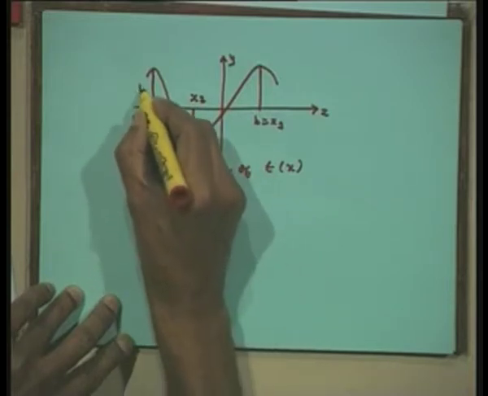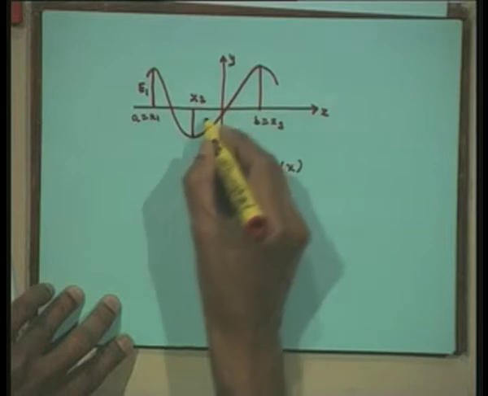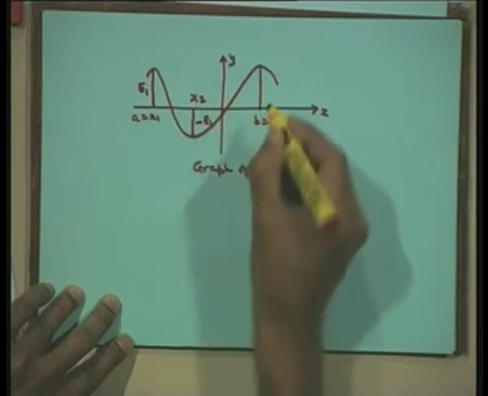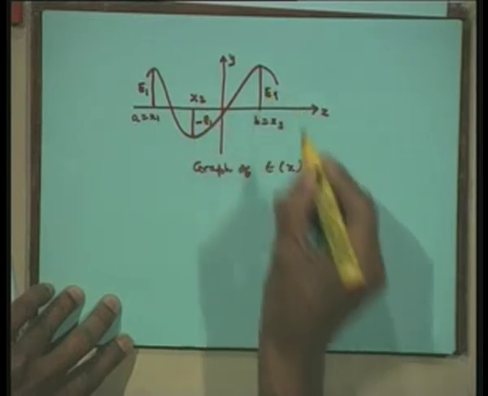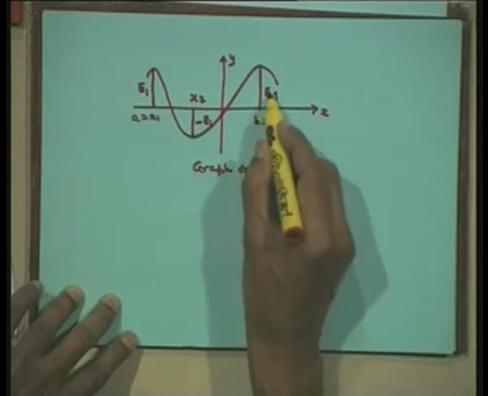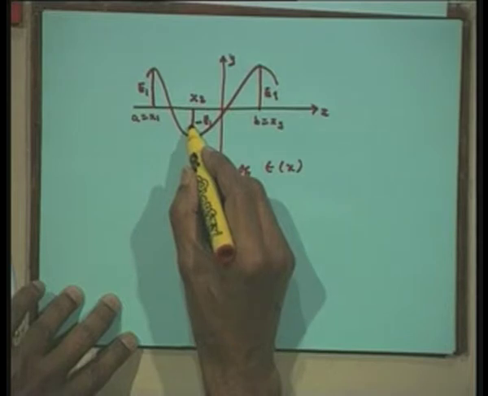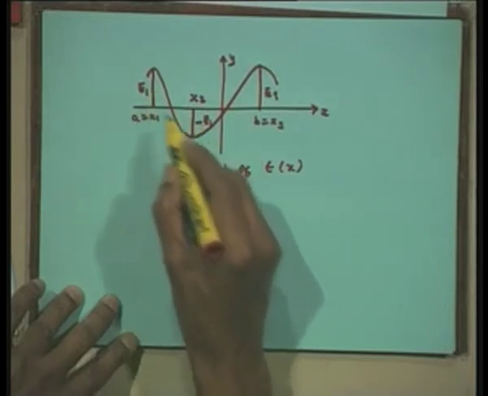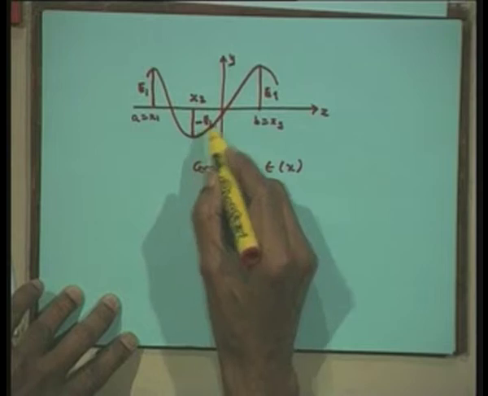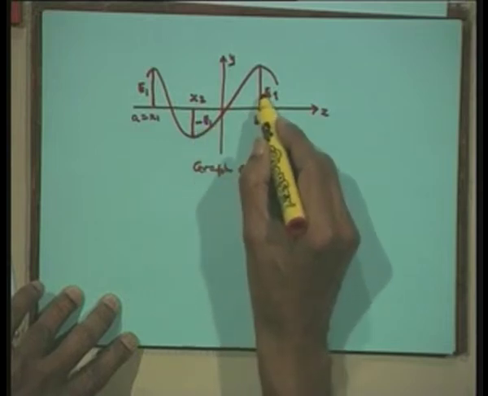Now, we are saying that this value is E 1, this value is minus E 1, this value is E 1. Therefore, the error is equal in magnitude, but the errors alternate in sign. This is E 1, minus E 1 and this is plus E 1.